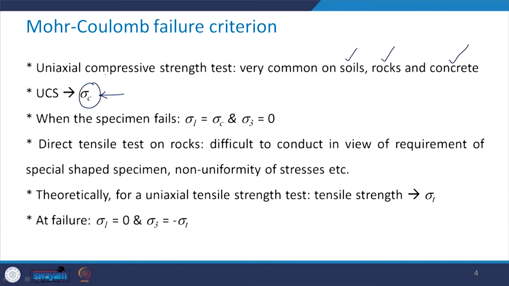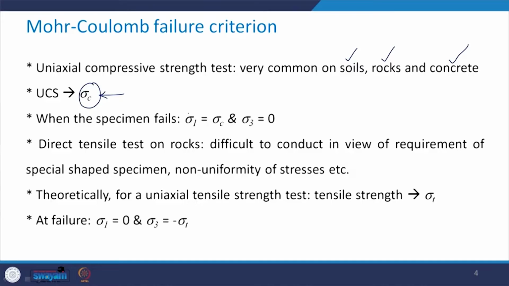When the specimen fails, that is, at the failure state, the applied load sigma 1 is going to give me the UCS of the specimen, and since it is the uniaxial compressive strength test, the all-around pressure or confining pressure is equal to 0, and therefore sigma 3 will be equal to 0. So, for the UCS test, the state of stress in terms of sigma 1 and sigma 3 is going to be sigma c and 0 respectively.